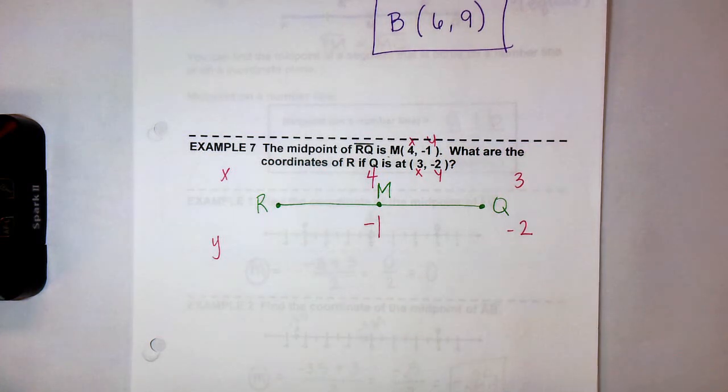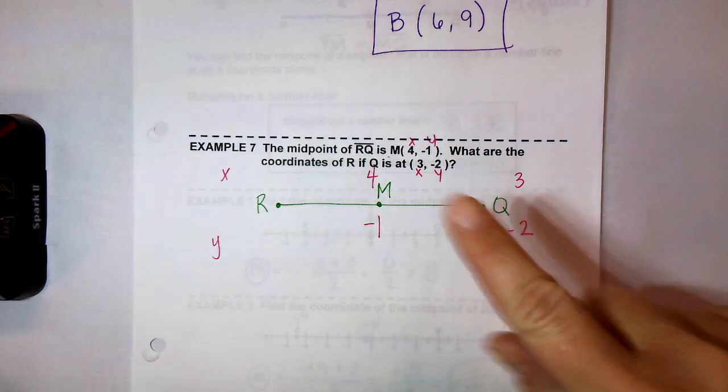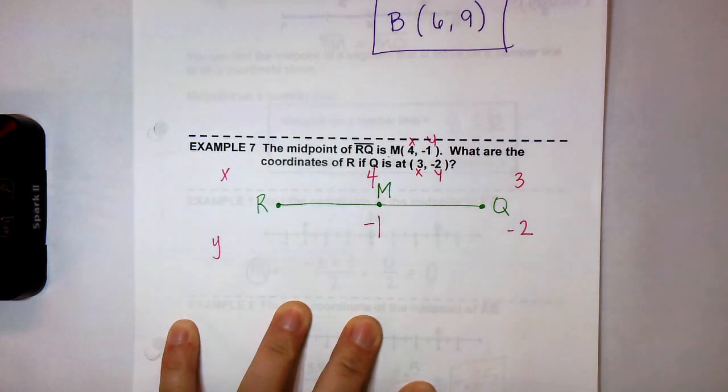Now I just want you to be careful on which direction you're going, because where do I have to start? At Q, because it's the endpoint. So I have to start with negative 2 and try to get to negative 1. Add 1, good. So from Q to M, I'm adding 1. So I have to do the same thing, add 1.